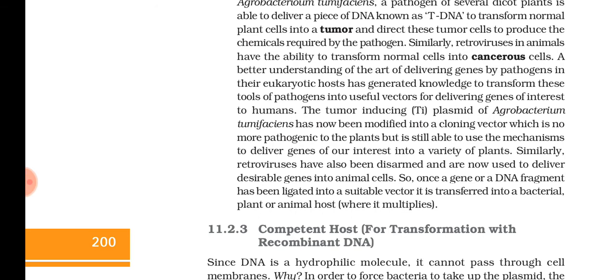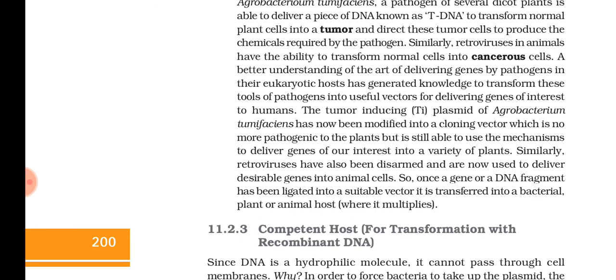So like this only, retroviruses and Agrobacterium tumefaciens are examples where we can use these organisms to deliver the genes of our interest into plants or animals. These are disarmed, meaning they are not producing any swelling or tumor, or doing any harmful things in the body of the plants or animals.